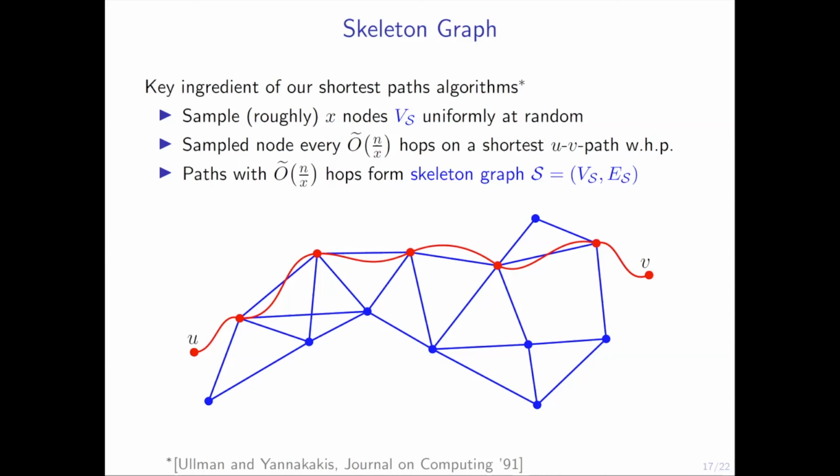For example, the skeleton graph is connected if the original graph is connected, and the skeleton graph preserves distances of G. Another nice property is that if we're given a shortest path from u to v which has at least roughly n over x hops, then this path must run over the skeleton graph.